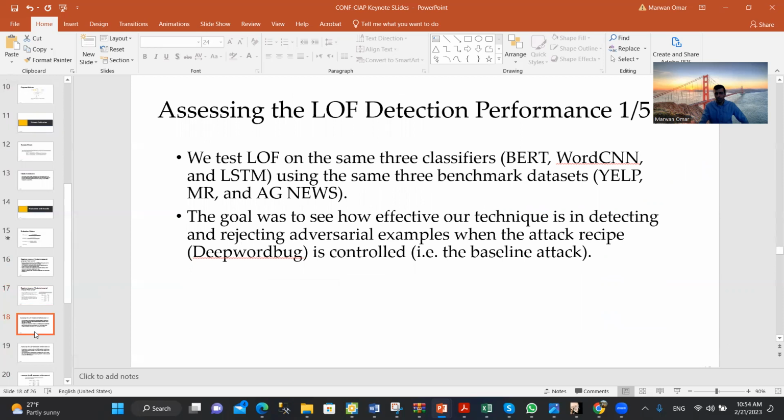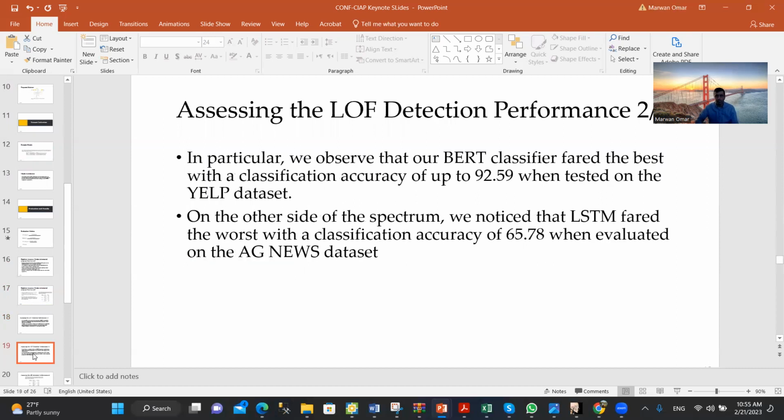Then, after we implement the local outlier factor for detecting adversarial examples on the same three classifiers and using the same three data sets, the goal is to see how effective our technique is in detecting and eliminating adversarial examples.